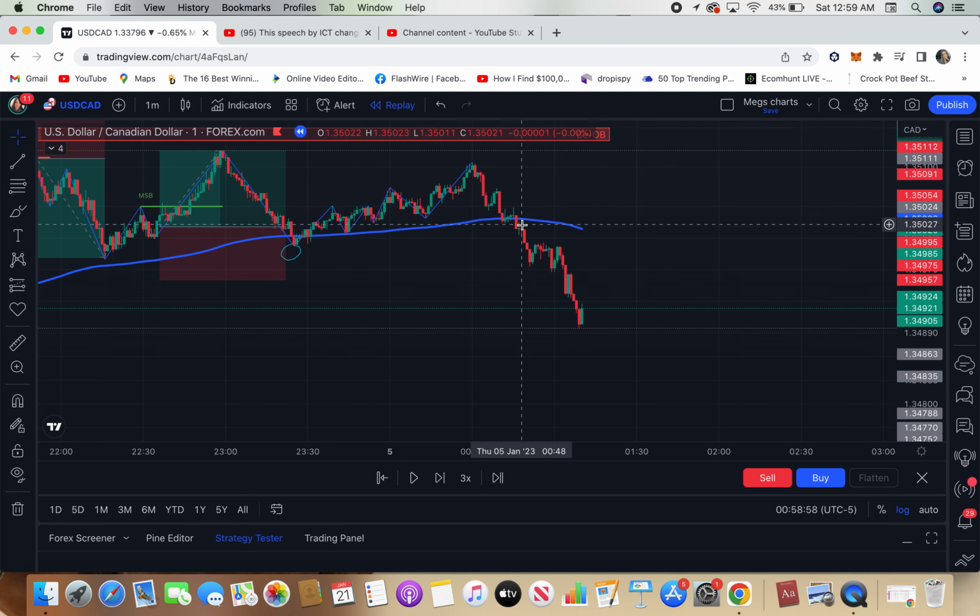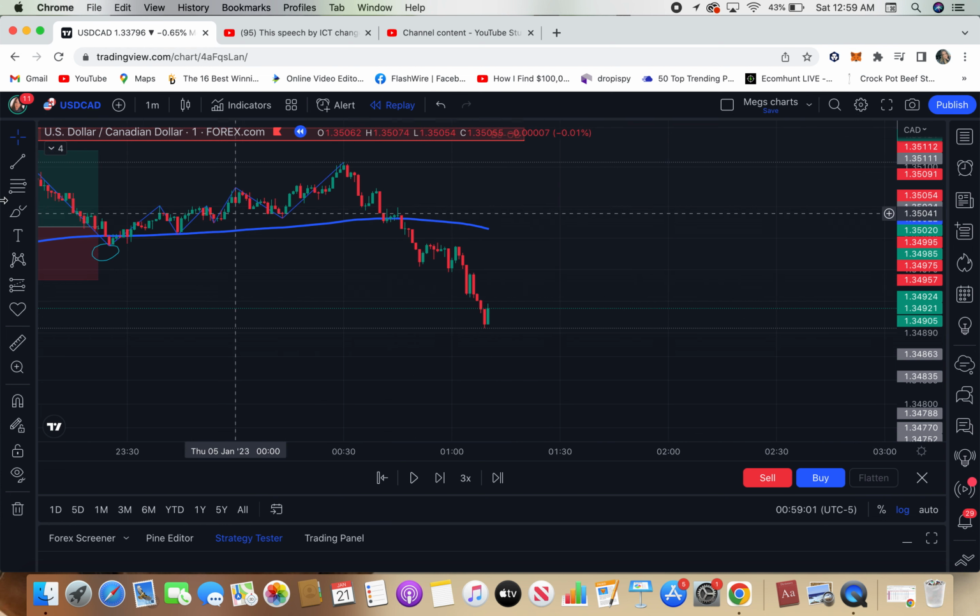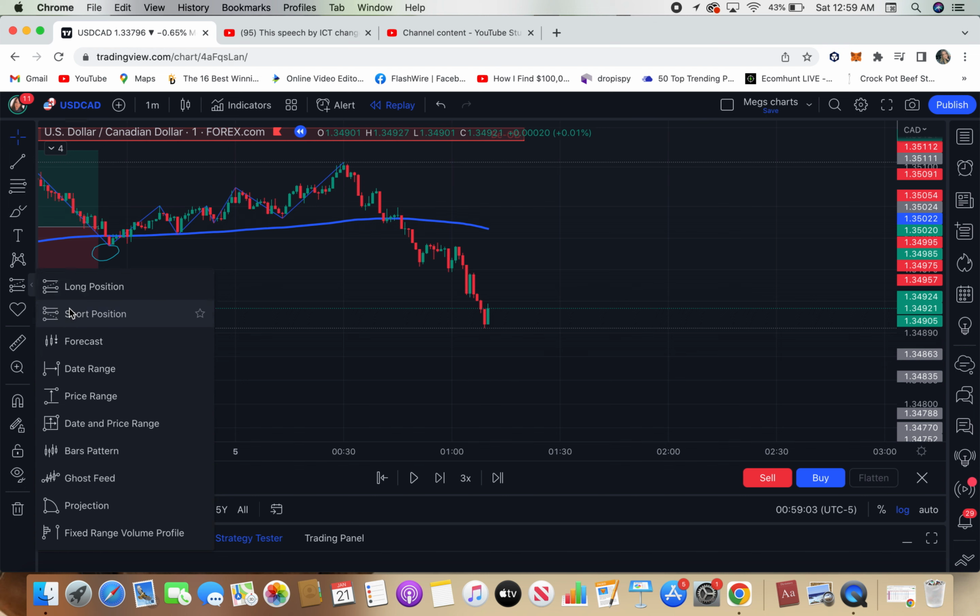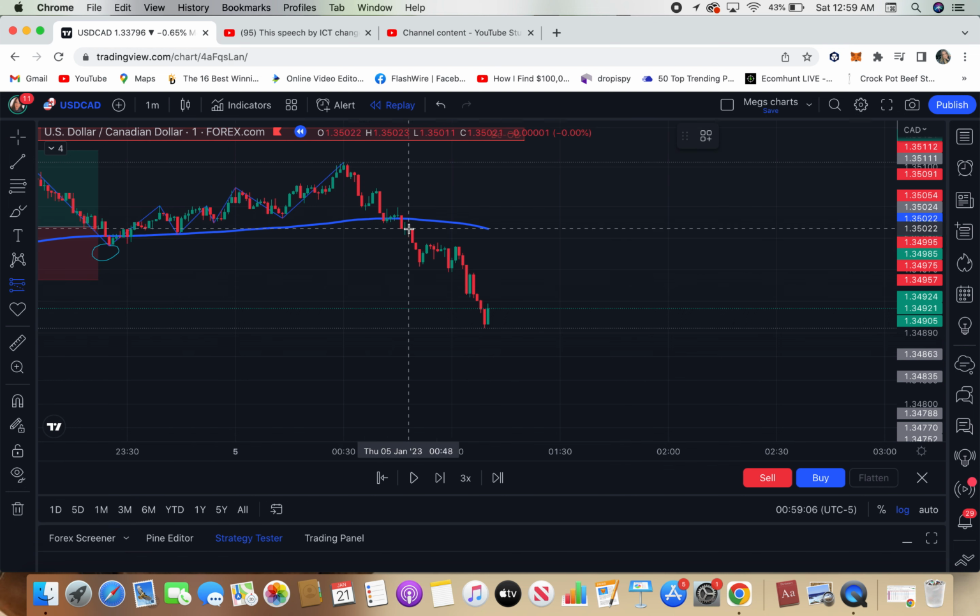At the EMA you also have the possibility that it'll really bounce off the EMA, which it did.